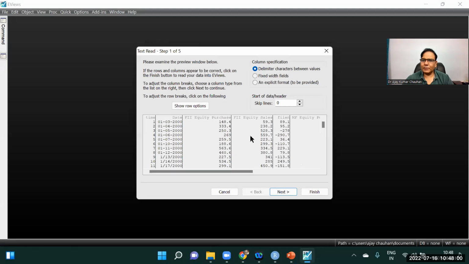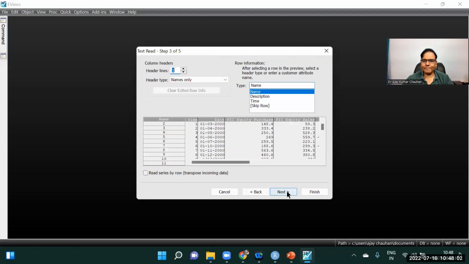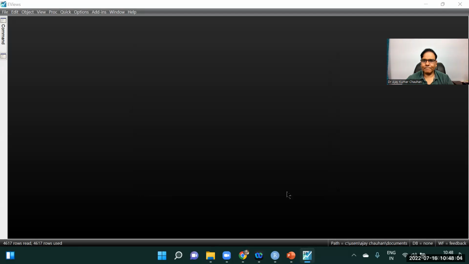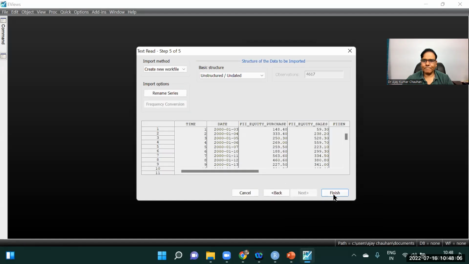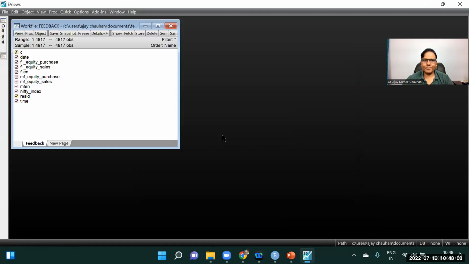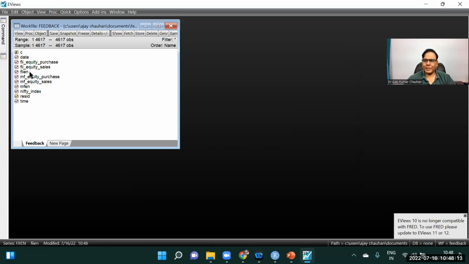So I am opening a file, in which I have three important series: the FII equity investment, the mutual fund equity investment, and the Nifty index.